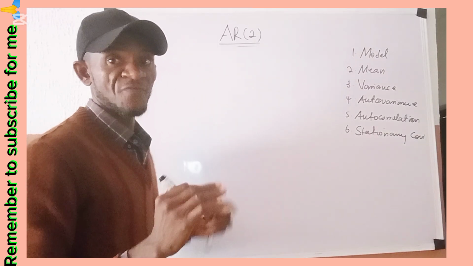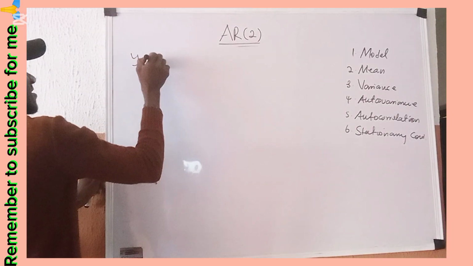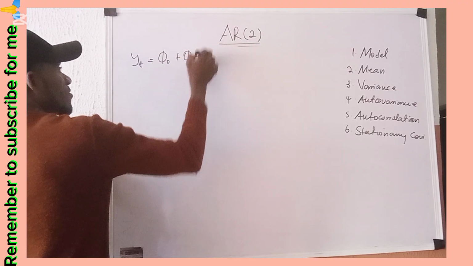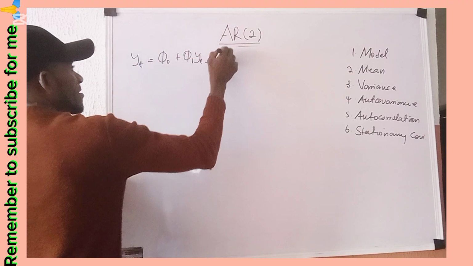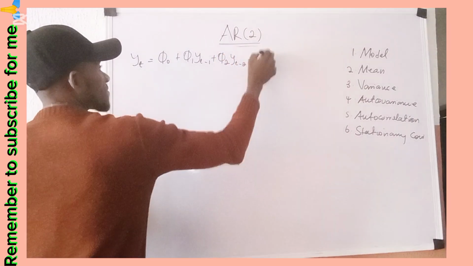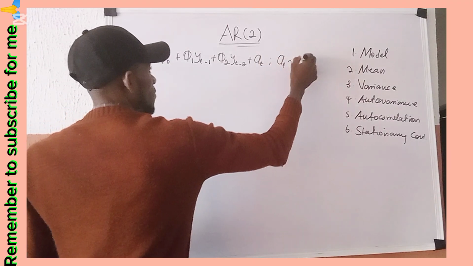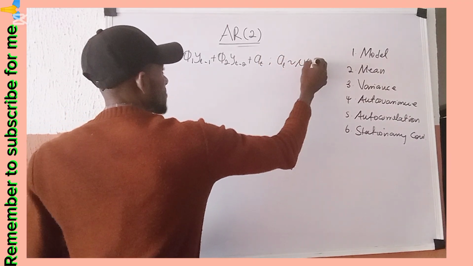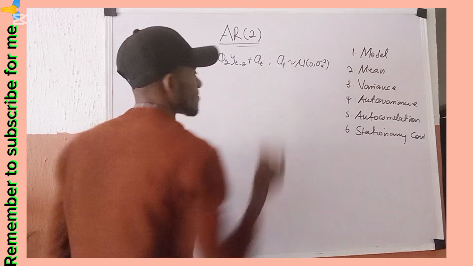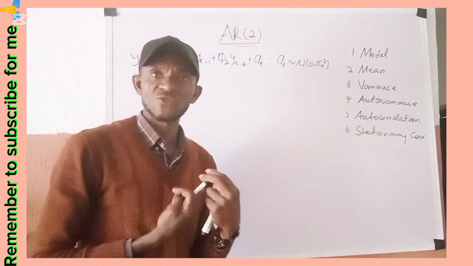The model of AR of order 2 is written this way: y of t is given as phi naught plus phi 1 y of t minus 1 plus phi 2 y of t minus 2 plus a of t, such that a of t follows normal distribution with mean 0 and constant variance sigma squared of a. This is how to write the model of AR of order 2.